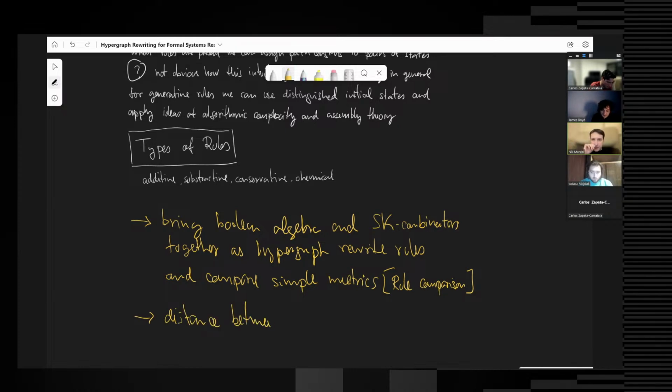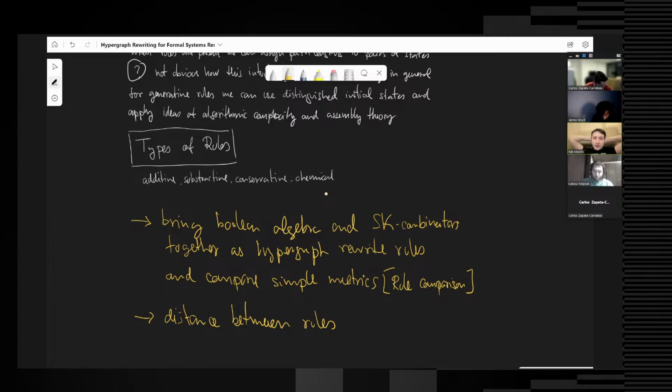You can measure it with the same kind of norm that you just described, right? Exactly. If you have a simple rule, it would be very non-complex. If in order to rewrite one hypergraph into another hypergraph with this simple rule, then this rule is not complex. Wait, but Nick, would you define the distance with rewrites?